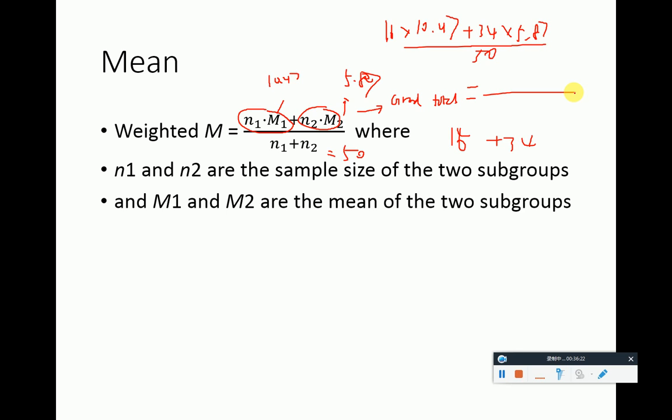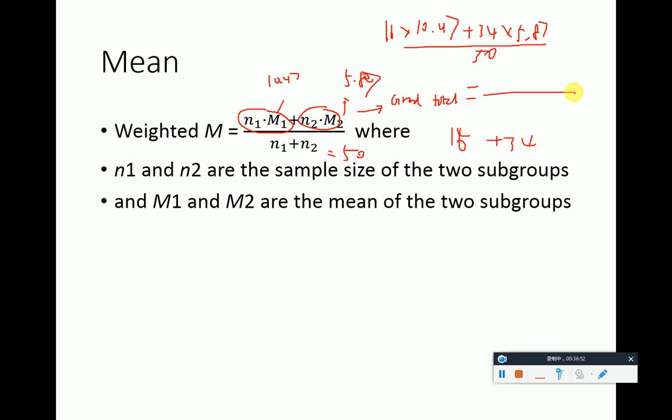So it will be 10.47 times 16 plus 34 times 5.87.